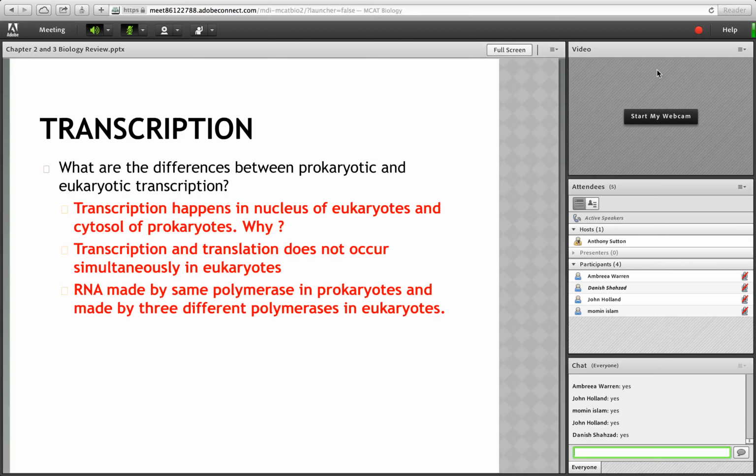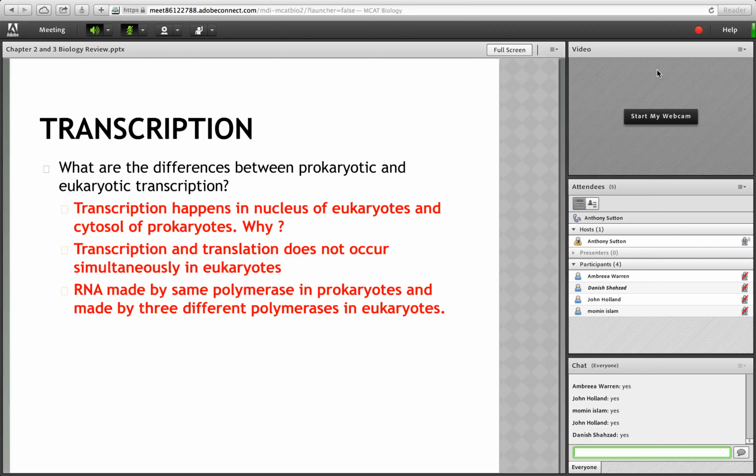The ribosomal RNA is controlled by RNA polymerase 1. Messenger RNA is regulated by RNA polymerase 2.